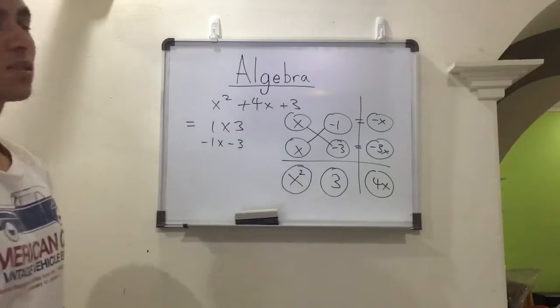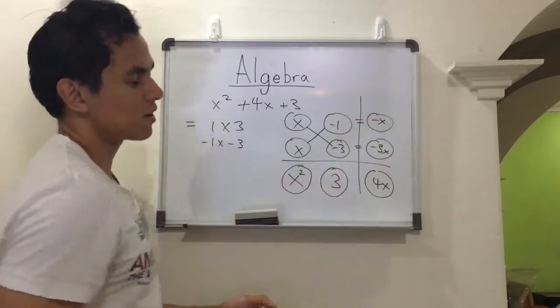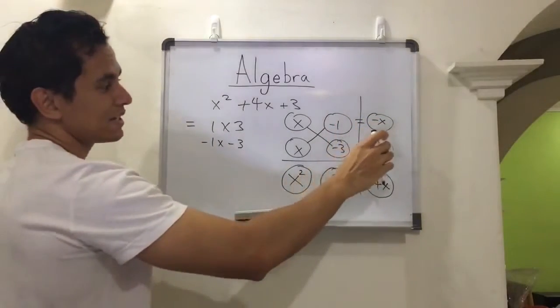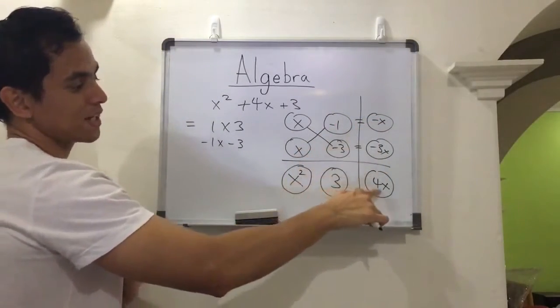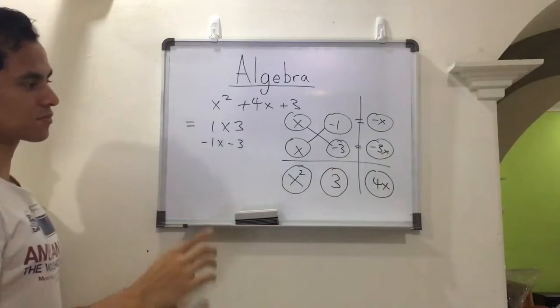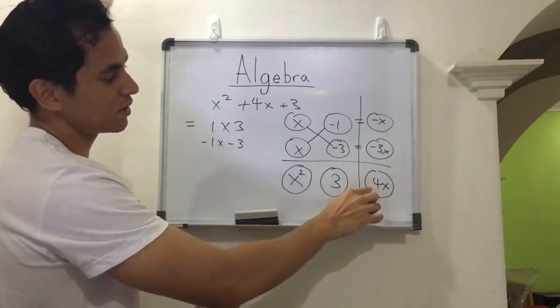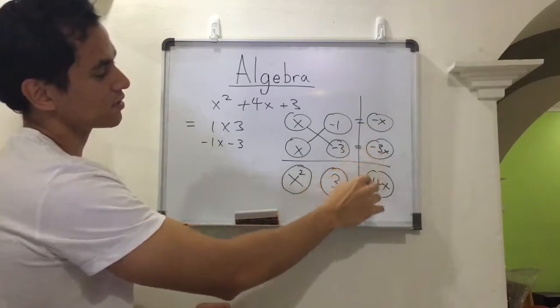Exactly. So we know that these 4 bubbles are wrong, because if this is correct, then this should be 4x. Here -x adding up with -3x gives -4x, so this is wrong.